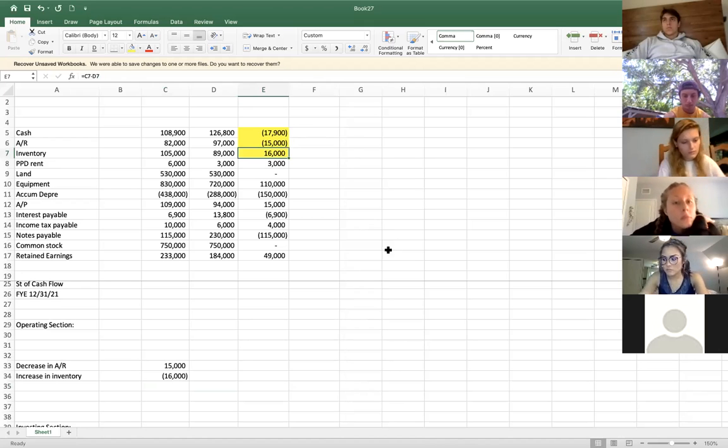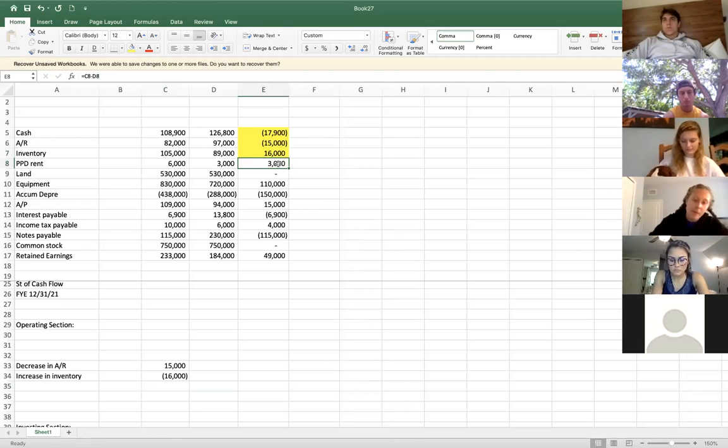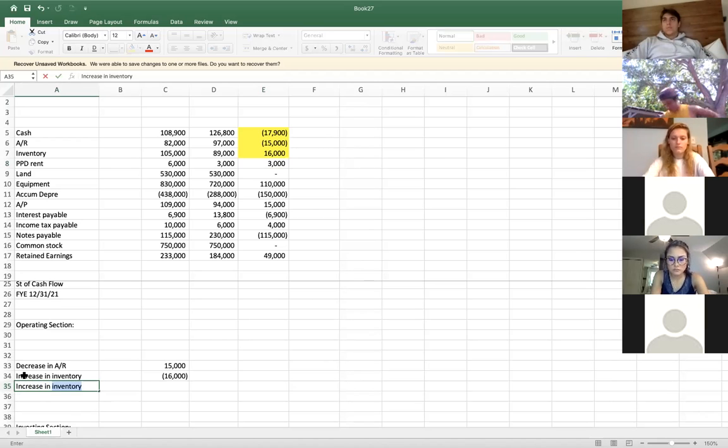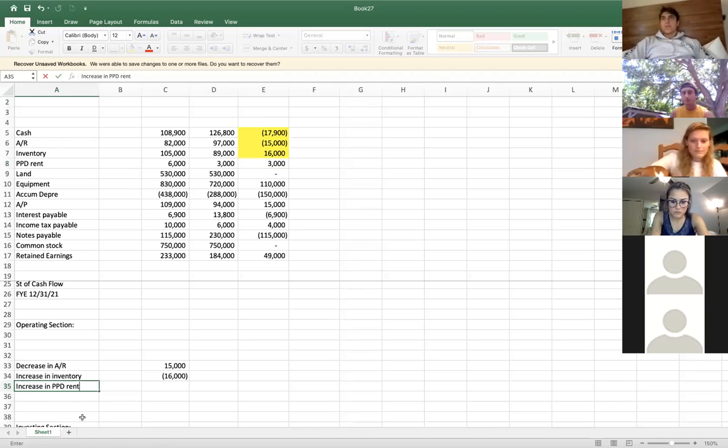Prepaid rent. What kind of an account is it? Is it an asset, liability, or equity? Asset. Is it a current asset or a long-term asset? Current. If it's a current asset, what section of the statement of cash flows is it going into? Operating activities. Good, operating. So I'm going to have an increase in prepaid rent.